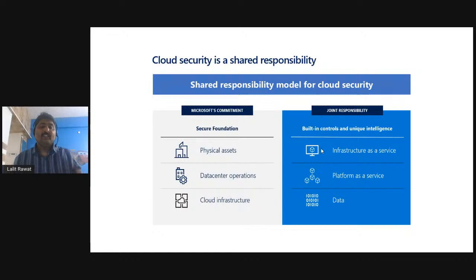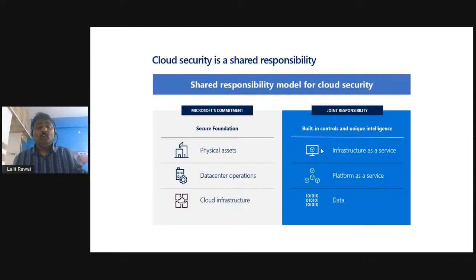So that's a high-level overview which I will be giving. But again, how are you going to secure your data? Data is a major part. If you just have terabytes of data and put it into the cloud, it's not going to be secure either way. Microsoft Azure gives you the platform so that you can encrypt your data end to end.